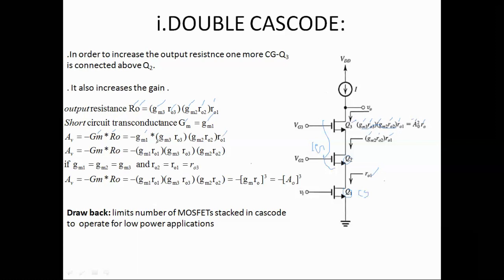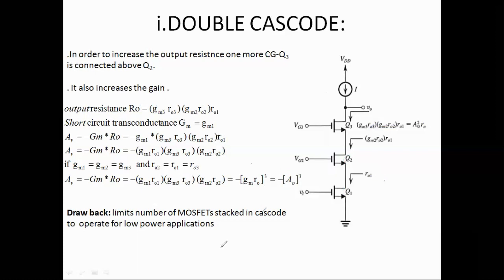If the intrinsic gains of Q1, Q2 and Q3 are all equal, we get minus gm r0 cubed, or minus A0 cubed. But the drawback of this circuit is that if more MOSFETs are stacked together, it is very difficult to operate at low voltages. Avoid stacking many transistors in cascode for low power applications.